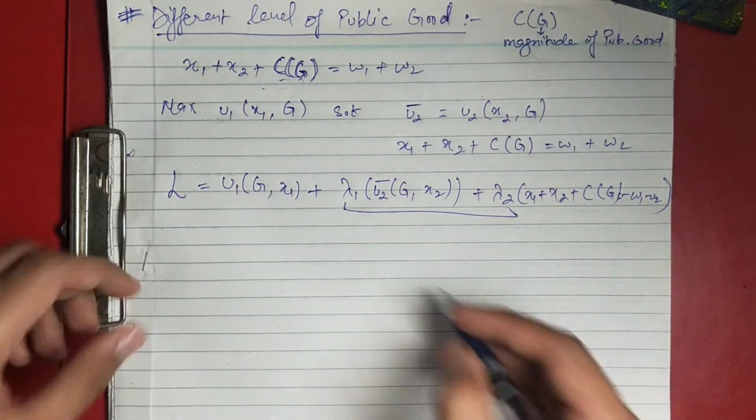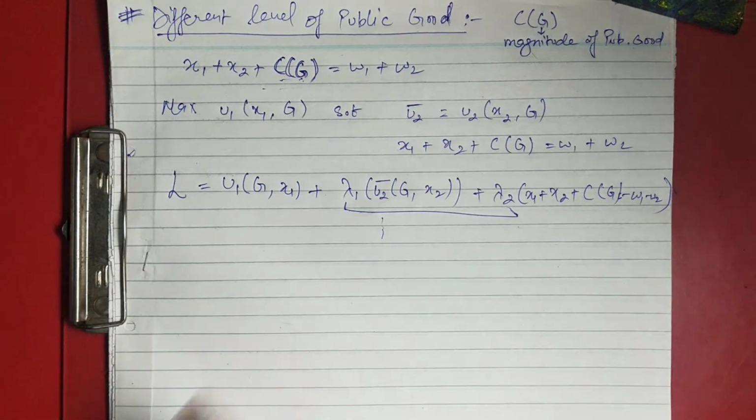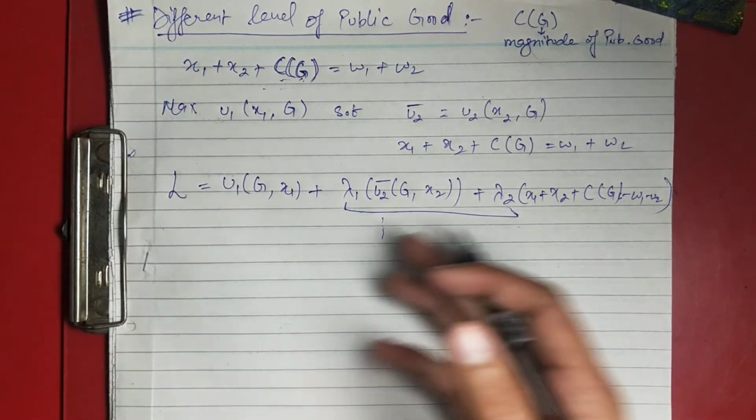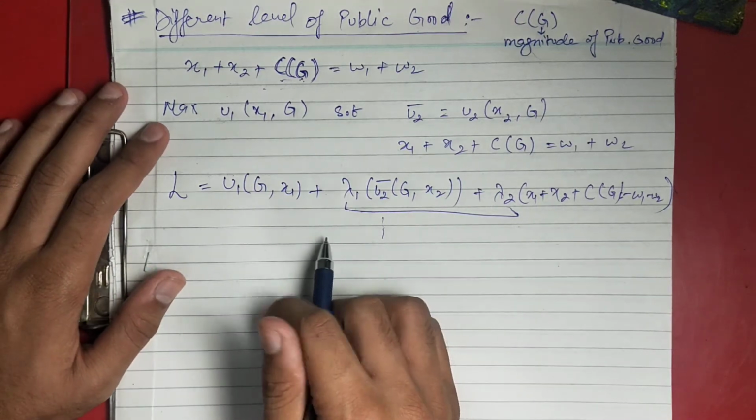If you solve this, there is a particular method, but I won't go into it since your author doesn't want you to solve this; he has given the direct answer.